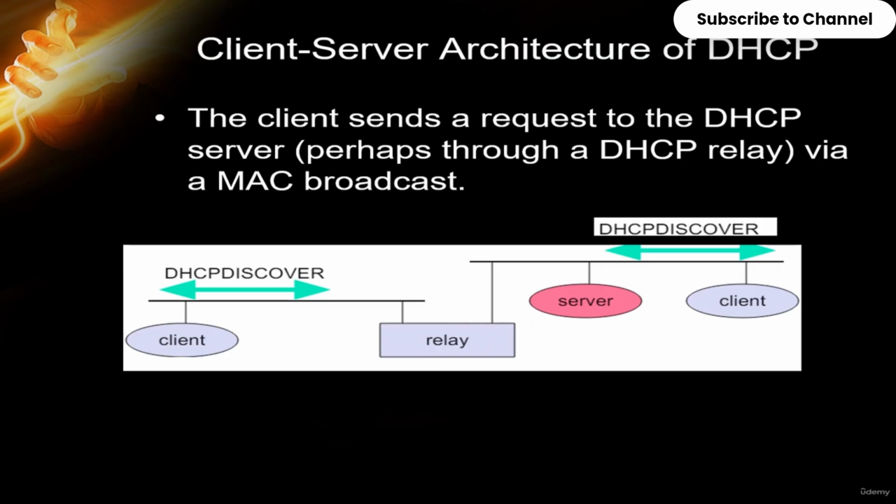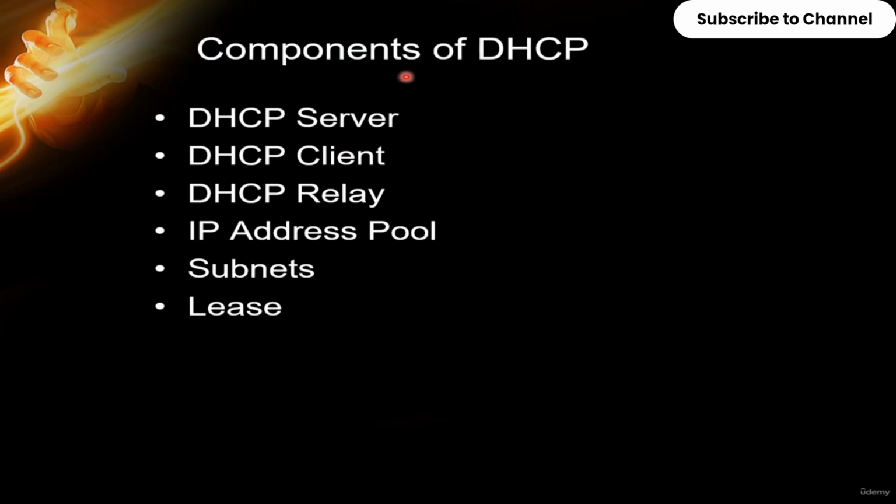Now we can see the components of DHCP. The components are the DHCP server, DHCP client, DHCP relay, IP address pool, subnets and lease. What is the work of a server? It is a server which stores the IP addresses and other configuration related data, like which DNS it can connect to.